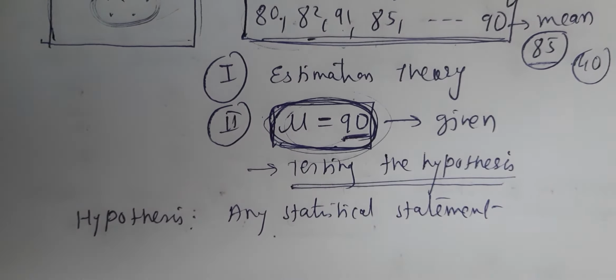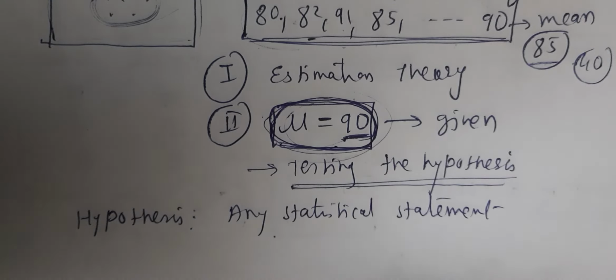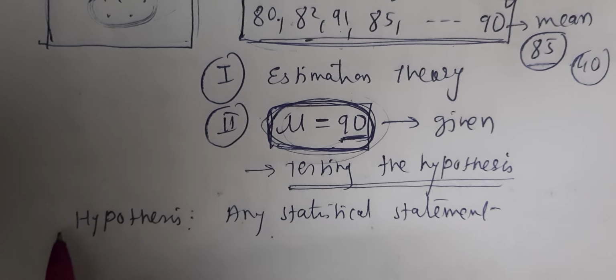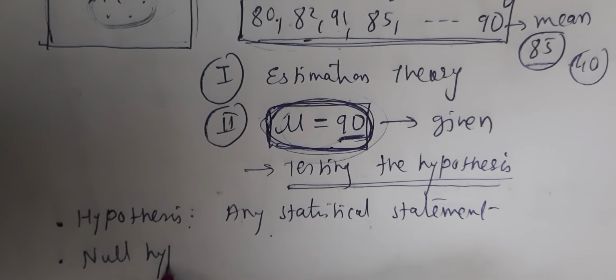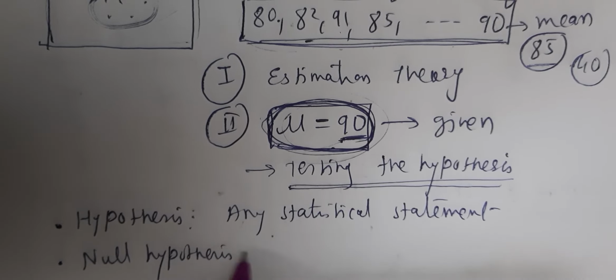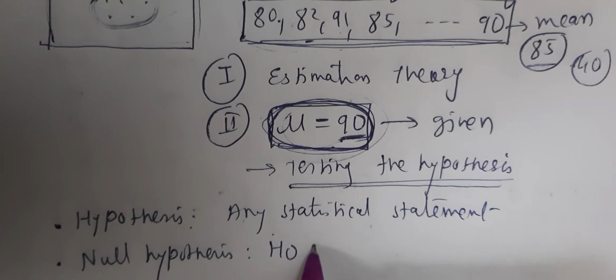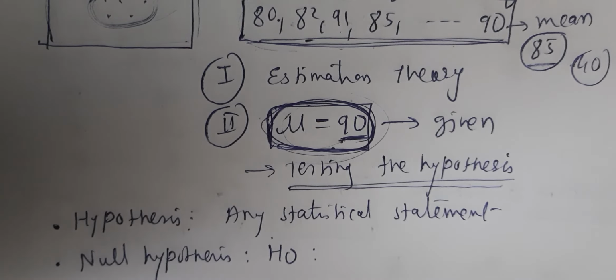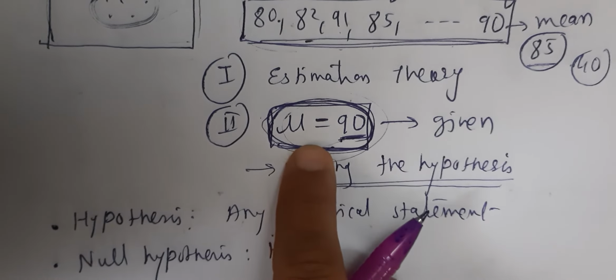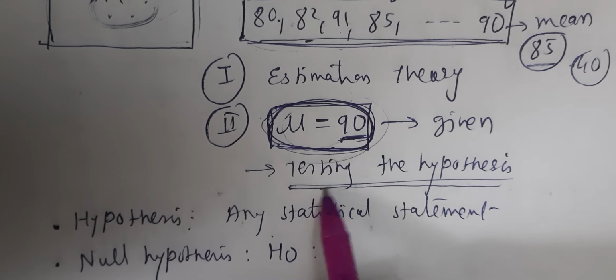Now, within hypothesis we have another important thing called the null hypothesis. What is this null hypothesis? First of all, remember we denote it by H naught. The null hypothesis is the statement which we are going to test.